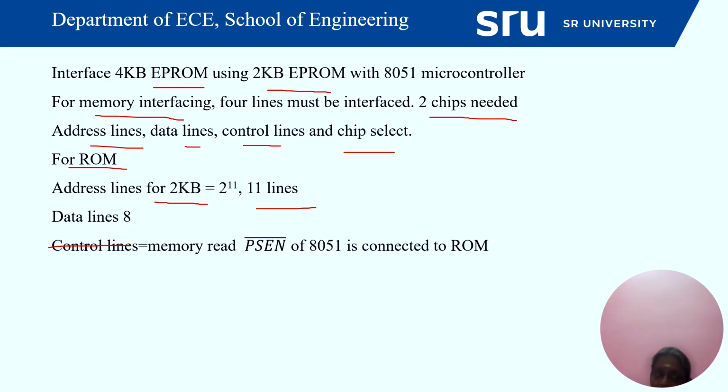And then control lines: memory read is made possible by using PSEN bar, program store enable of the 8051, connected to the read-only memory. How the 11 lines are used, I will tell you in the design.